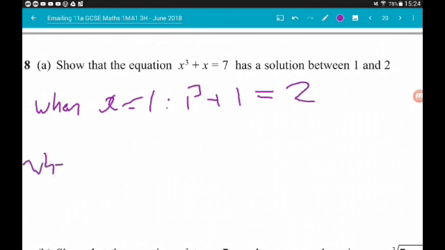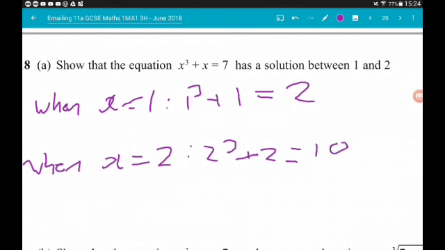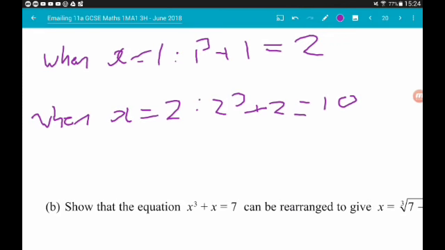When x is equal to 2, we get 2 cubed add 2, which is 8 add 2, which is 10. Now, 7 is bigger than 2 but less than 10.